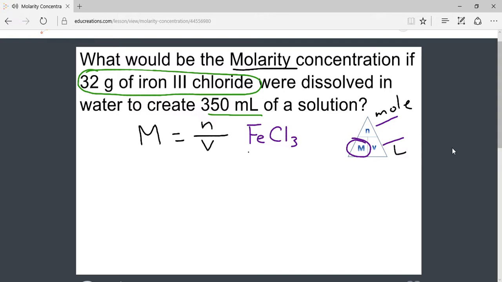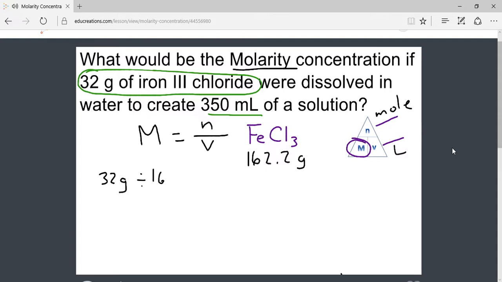The molar mass for iron 3 chloride turns out to be 162.2 grams, equivalent to 1 mole of iron 3 chloride. Since we are given the mass amount of iron 3 chloride in the problem of 32 grams, we need to convert that gram amount into a mole amount. When given the gram amount or the mass amount to convert it into mole amount, we would always divide by the molar mass.